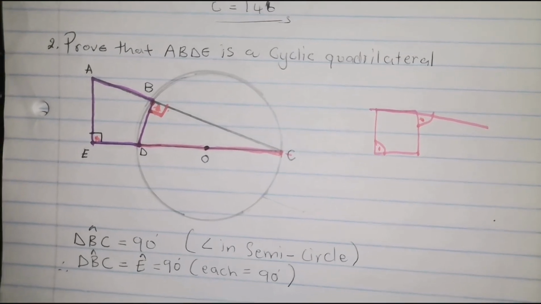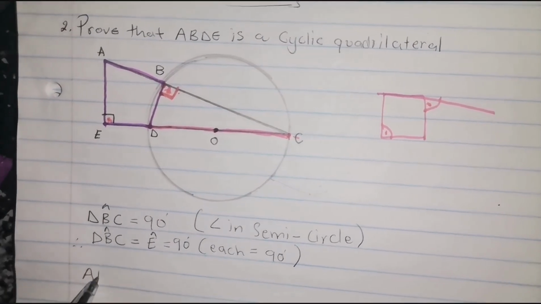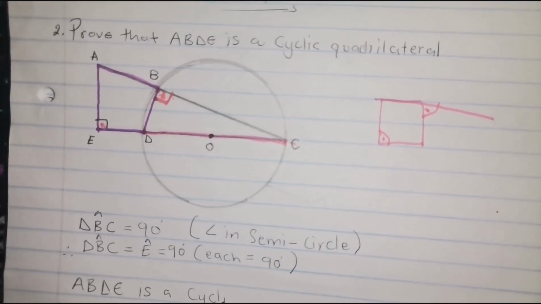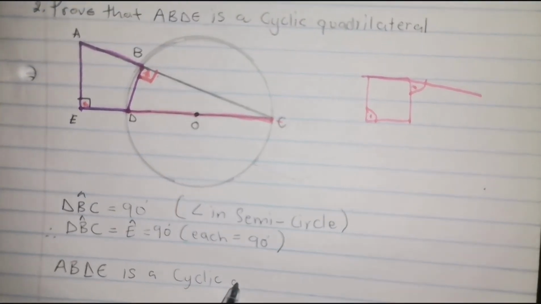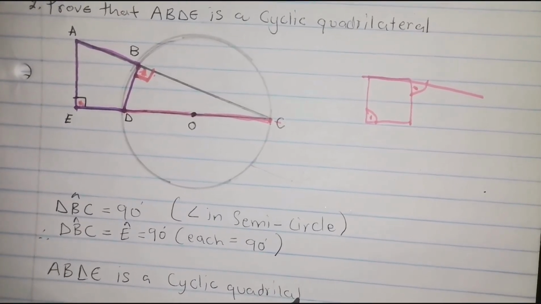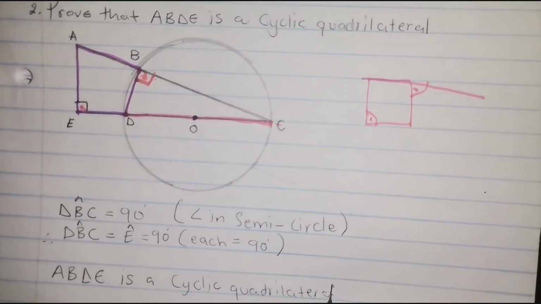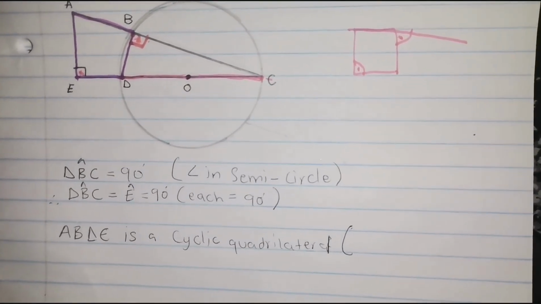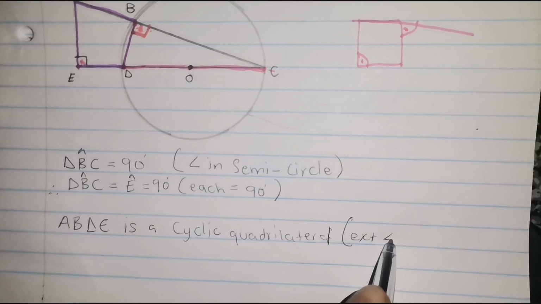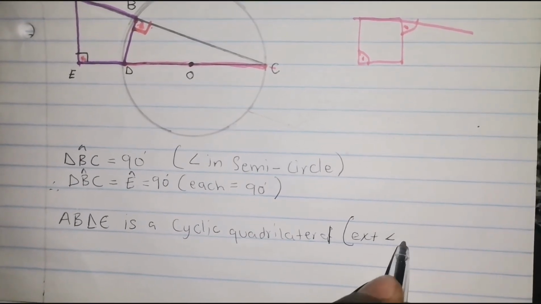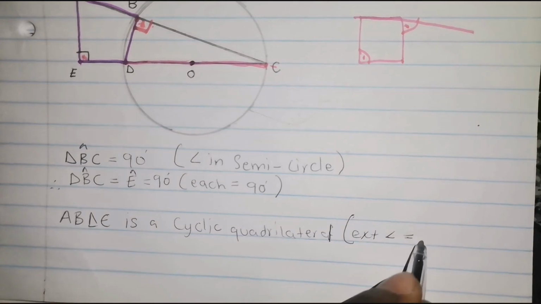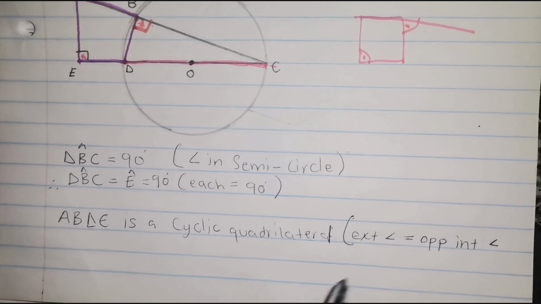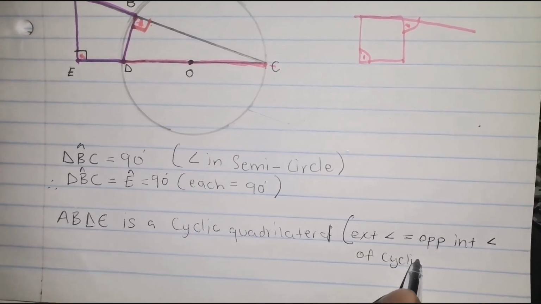Therefore, if these two angles are equal, then you can just conclude by saying ABDE is a cyclic quadrilateral. I can just write it in full, it's not a problem. Why do I say this? According to the theorem: exterior angle of a quadrilateral equals the opposite interior angle of a cyclic quad.